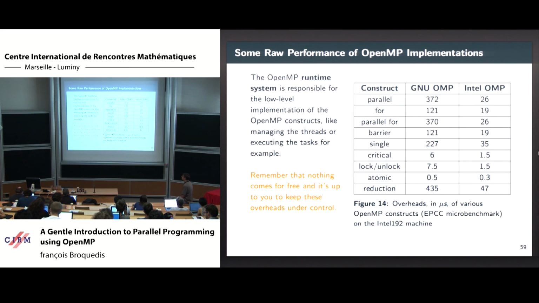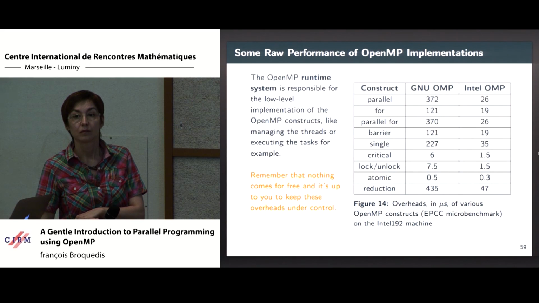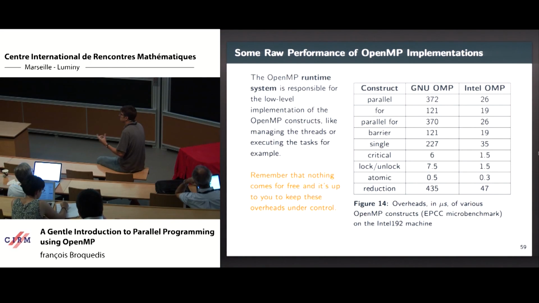So my claim about this is that now the OpenMP task construct is mature enough so that the compiler and the runtime system can provide good implementations. For now, the Intel OpenMP implementation appears to be better because the task granularity is very, very small. You can create many, many tasks with a decent overhead.